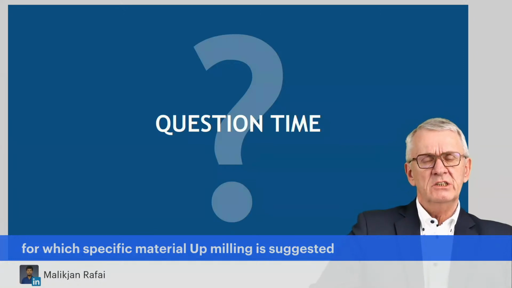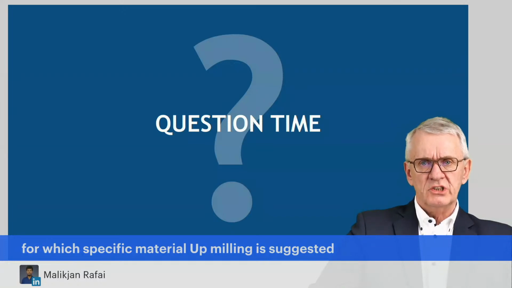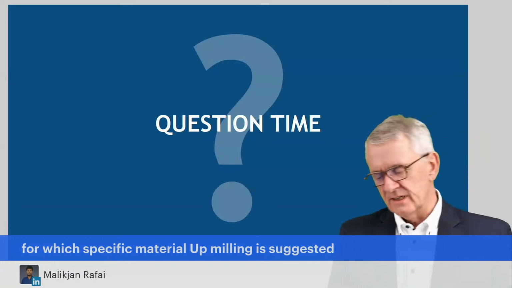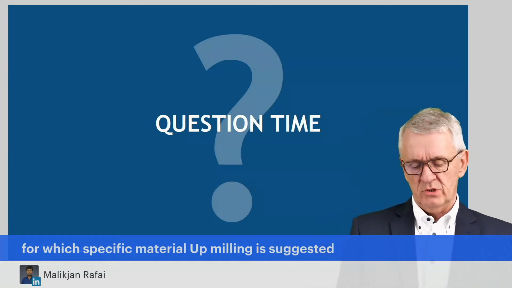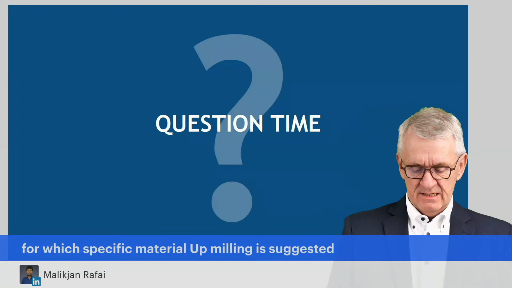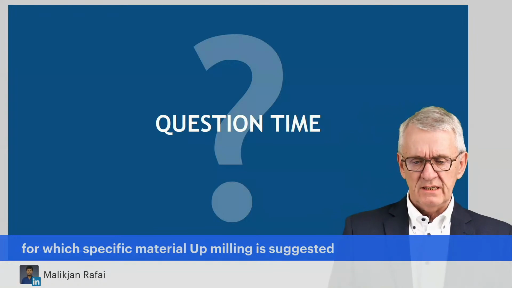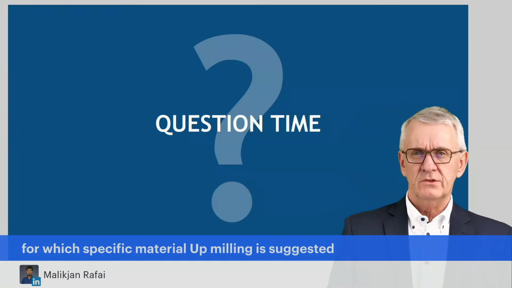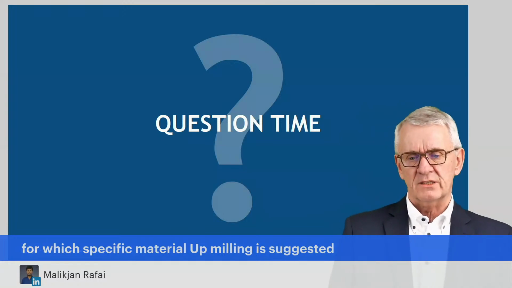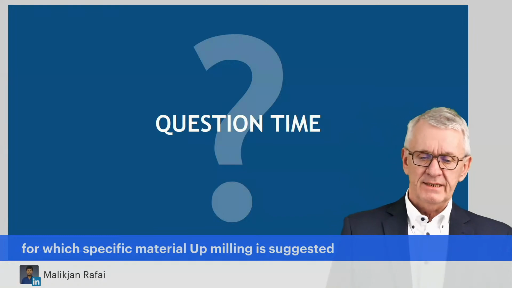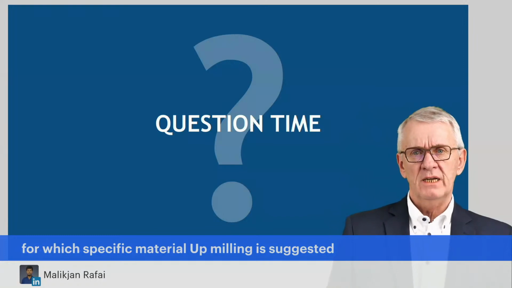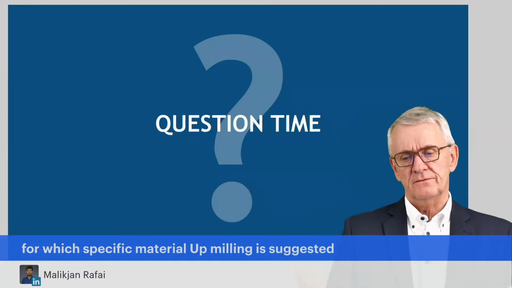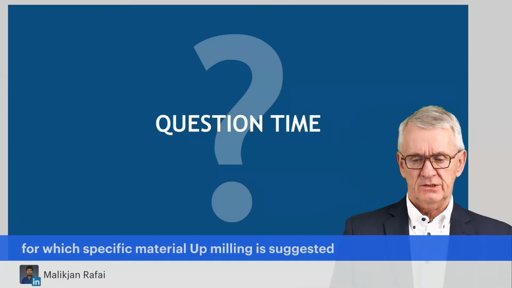And if the cutting edge has to go through the skin starting the operation, then often, I should not say often, but in some cases, down milling will lead to shorter tool life due to impact breaking or chipping, and then up milling could be the least of two harmful situations.